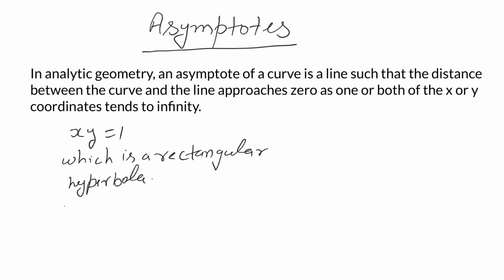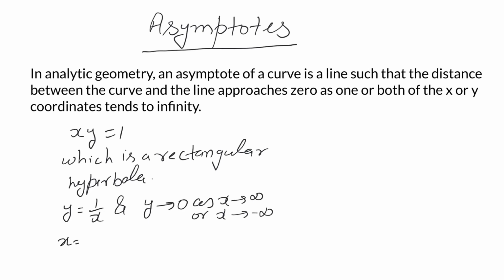In this, y can be written as 1 by x, and y approaches to 0 as x approaches to infinity, or x approaches to minus infinity. Also, x can be written as 1 by y, and x is running to 0 as y is running to infinity, or y is running to minus infinity.